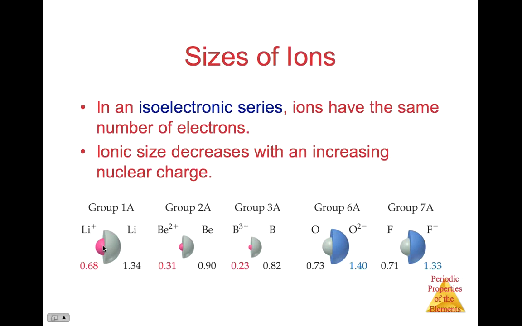And so you can see that the atomic size of the ions right here for fluorine gets a little bit smaller than oxygen because it has more protons in the nucleus. Lithium to boron as an ion, you'll notice, decreases because boron right here has a few more protons in the nucleus.